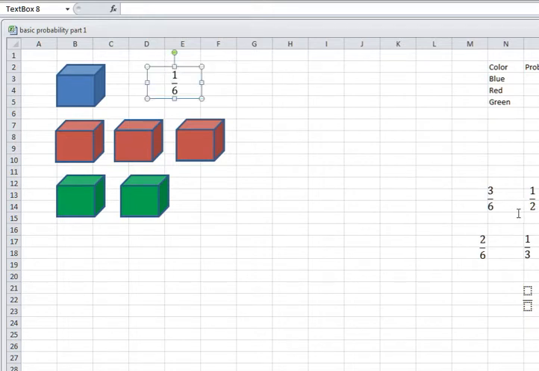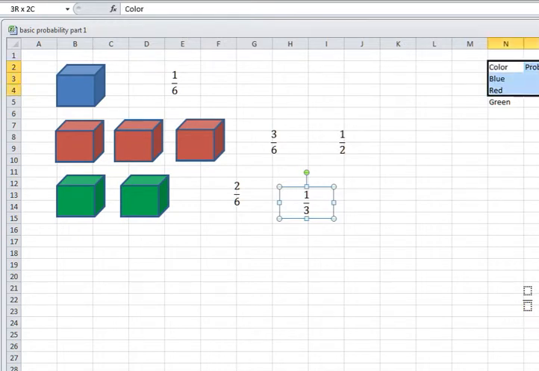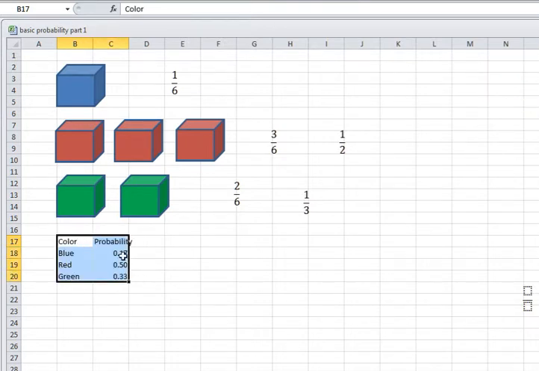If we looked at the red, there were 3 chances out of 6, which would be simplified to 1/2, and the green was 2 out of the 6, or simplified to be 1/3. If you look at this chart here, all I did was divide, 1 divided by 6, 3 divided by 6, and so forth.